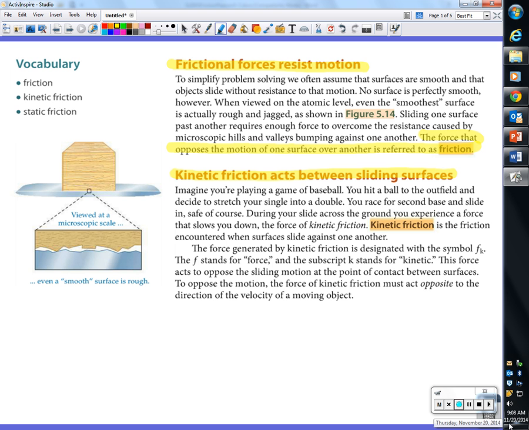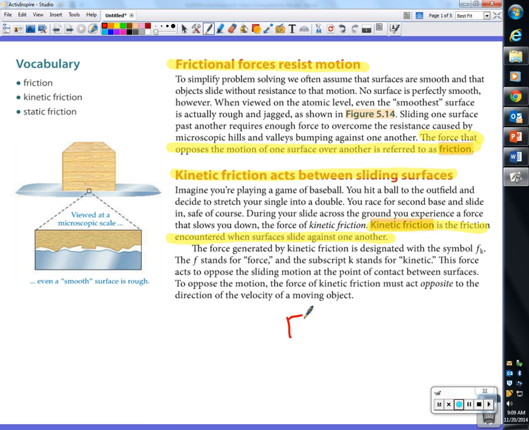So kinetic friction acts between sliding surfaces. That term kinetic is going to show up a couple more times as far as the class is concerned. But kinetic means motion, right? Kinetic means moving, okay? And so again, kinetic friction is the frictional force encountered when surfaces slide against one another.